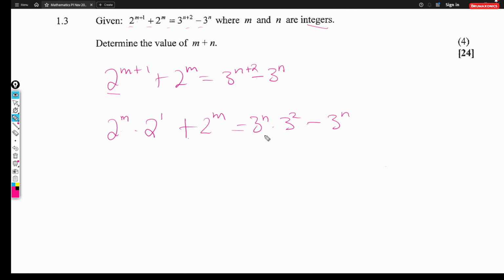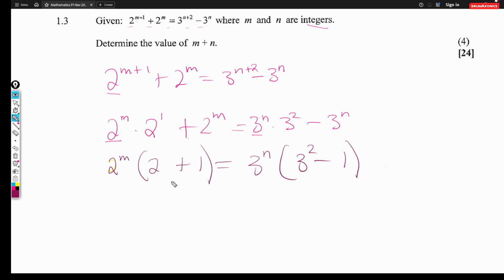So now it means that you can take a common factor here. The common factor this side will be 2 to the exponent m, and then here you're going to have a 2, plus 1, which is equal to 3 to the exponent n, and then this one will be 3 to the exponent 2, and then minus 1.